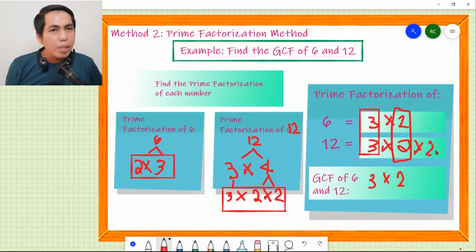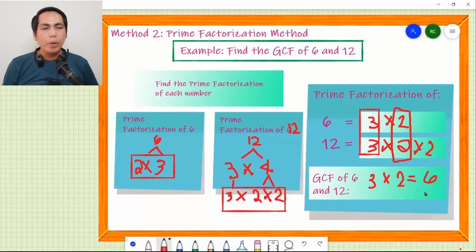This other 2 is not anymore common because we don't have any more 2 here to pair with this 2 of 12. Our greatest common factor of 6 and 12 is the product of 3 and 2, which are the 2 common prime factors of 6 and 12. So we have here is equal to 6. So therefore, the greatest common factor of 6 and 12 is 6.